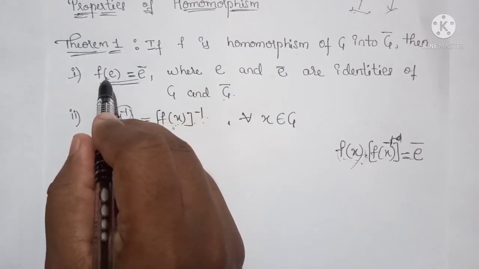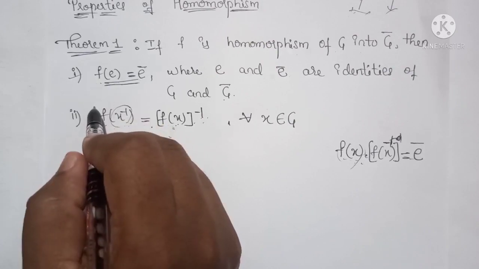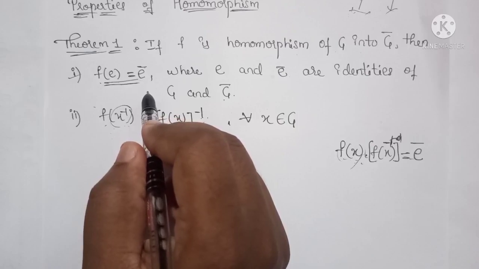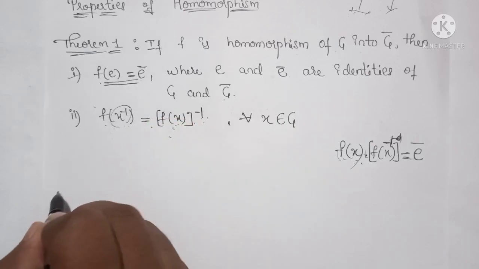Okay, so here we have to prove that the image of the identity element from the first group is equal to the identity element in the second group, not set, group. Okay, so let us prove this one.